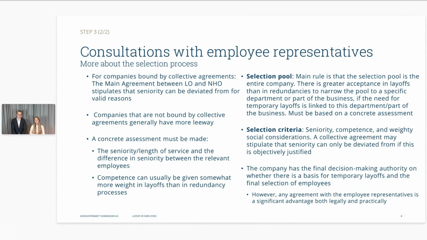The main rule is that the selection circuit is the entire company. This could, however, be narrowed down, for example, to a specific department or geographical location, if there are reasonable grounds for it. It is generally easier to narrow down the selection circuit in the event of temporary layoffs than it is in the event of redundancies.